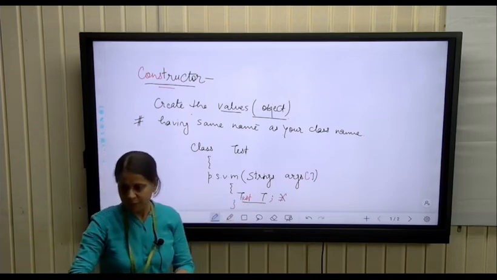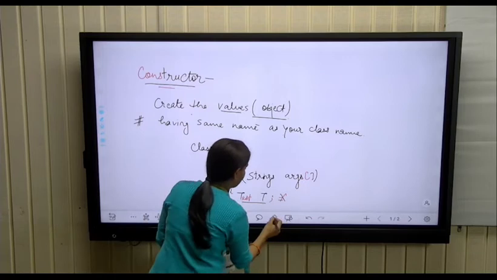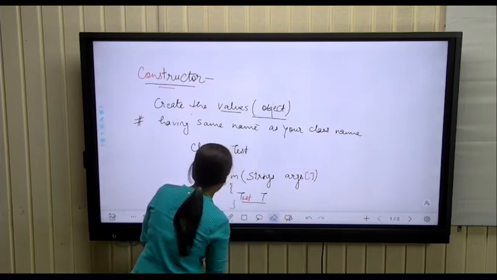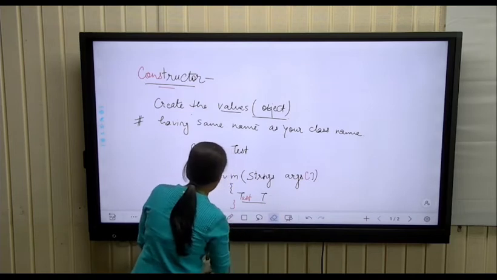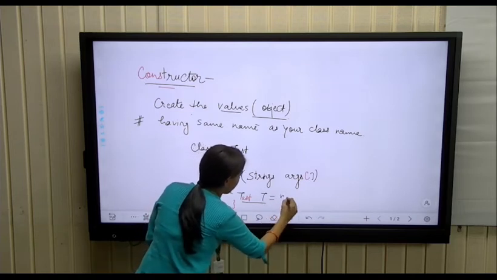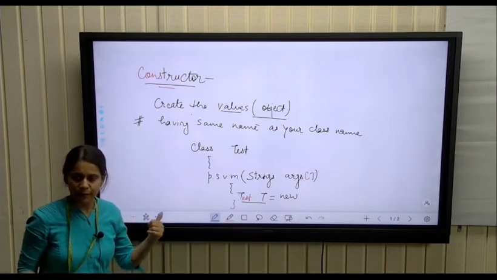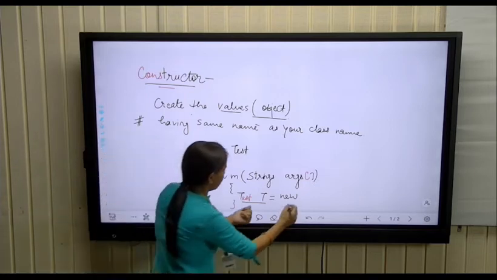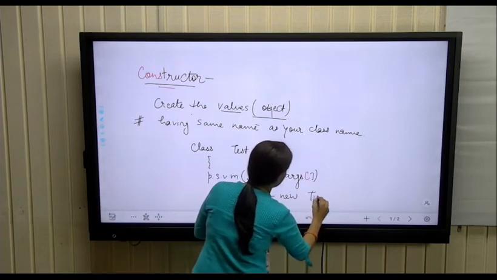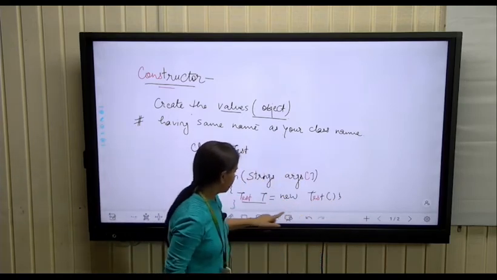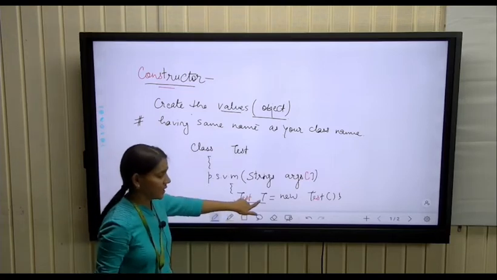How will we do it? I'll use the new operator, by which I'm giving the memory for that object, that is Test T, right?